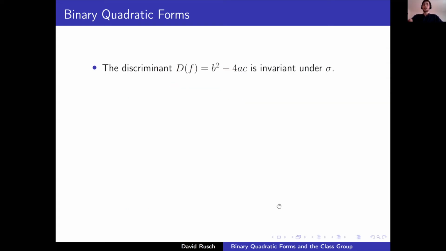Okay, so another important thing we note is that the discriminant of the binary quadratic form, b squared minus 4ac, is an invariant under this transformation. So here we also call this thing the discriminant. That's also not a coincidence. We will see later why those two things have the same name.